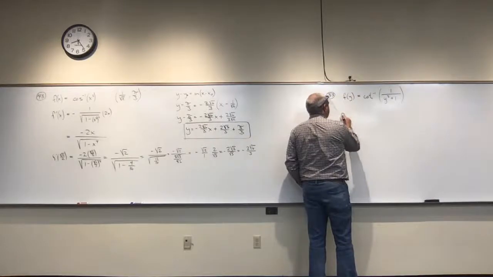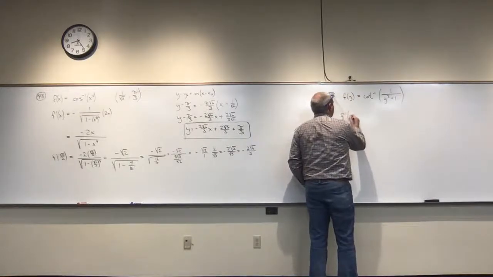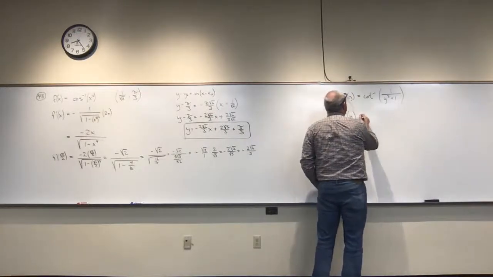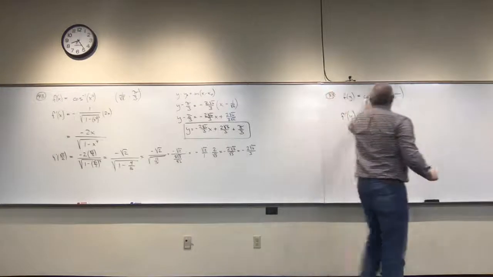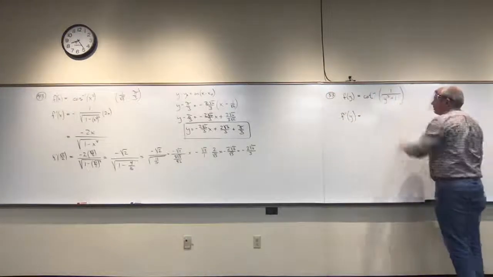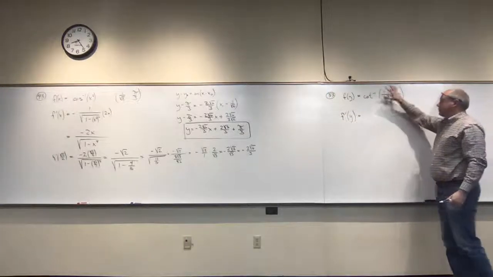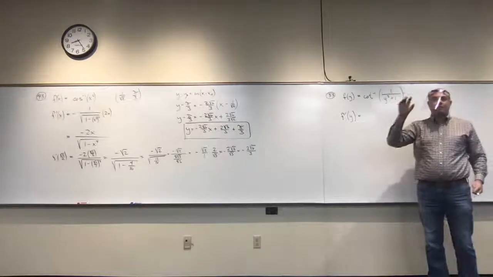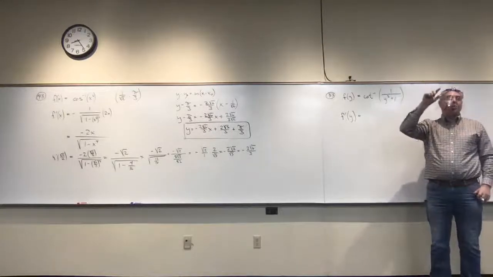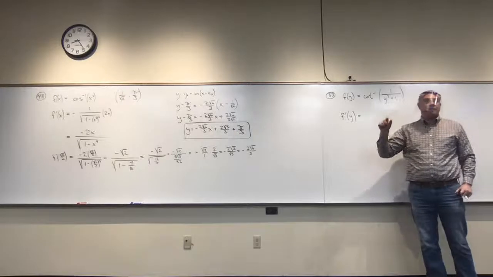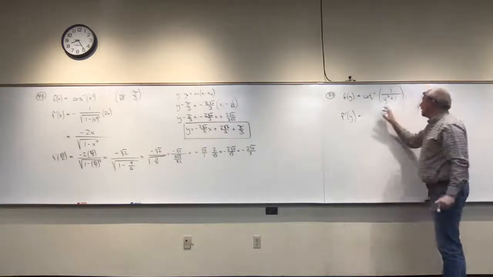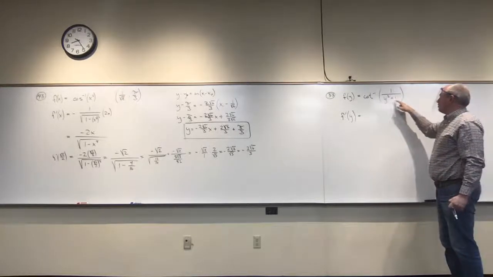So to take this derivative, first of all, we have cotangent inverse of something. And if it was cotangent inverse of just like a variable x, then we know that that's negative 1 over 1 plus x squared, right? But it's not an x, it's 1 over y squared plus 1.